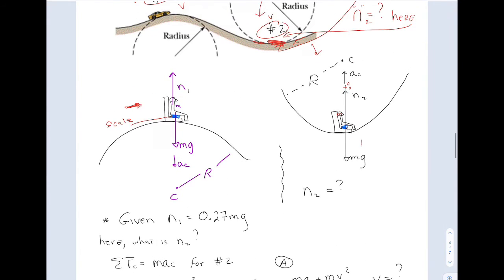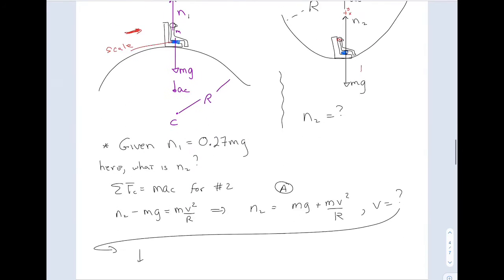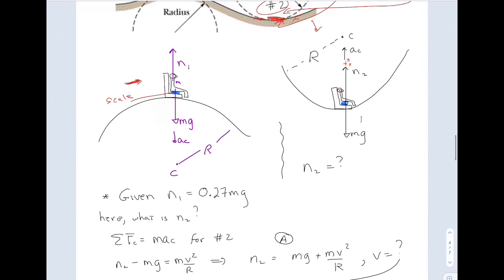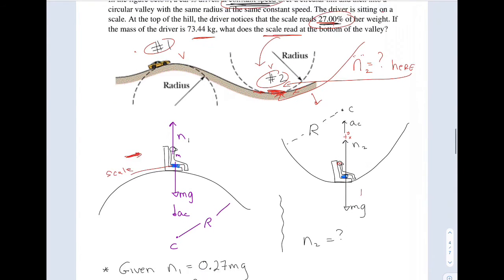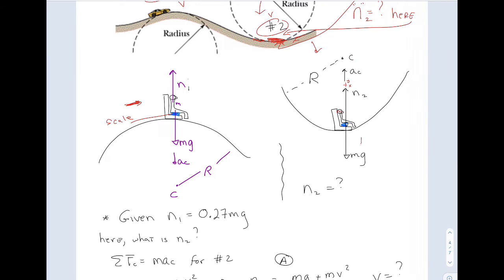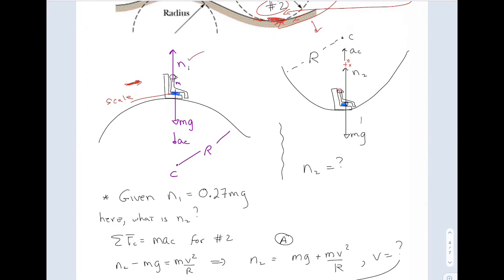Essentially what the problem says is, the driver is sitting on a scale. At the top, the scale reads 27%. Remember, the normal force is what a scale would read. They tell you that the normal force in picture 1 is 27% of your weight.